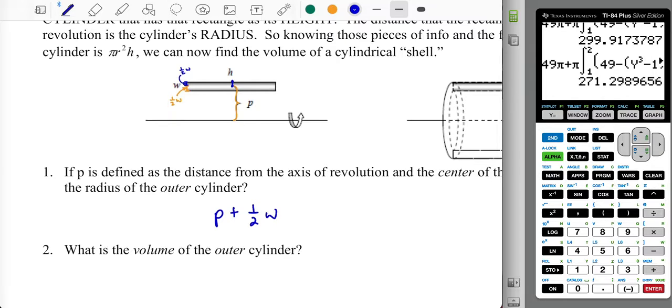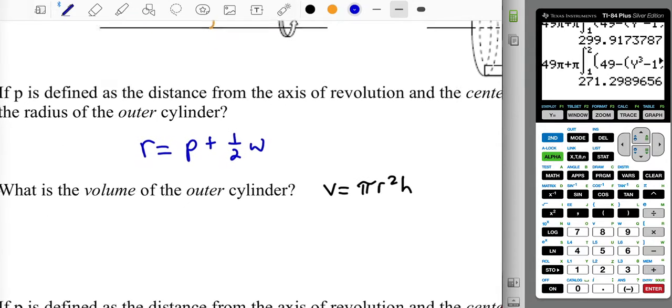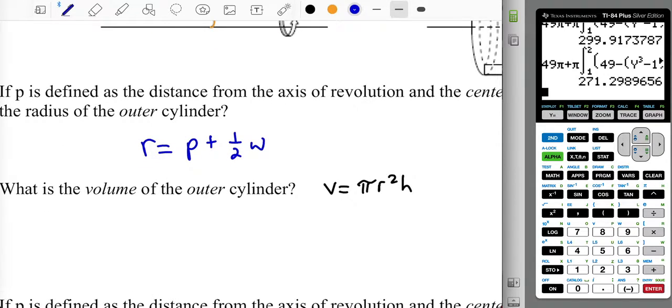Now, what's the volume of the outer cylinder? Volume by definition is pi r squared h. We know this is going to be our radius, and the height is an unknown, but we're using h to represent it.